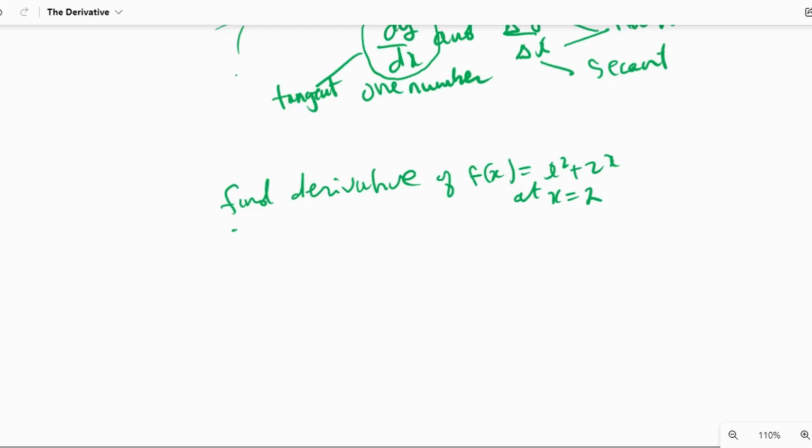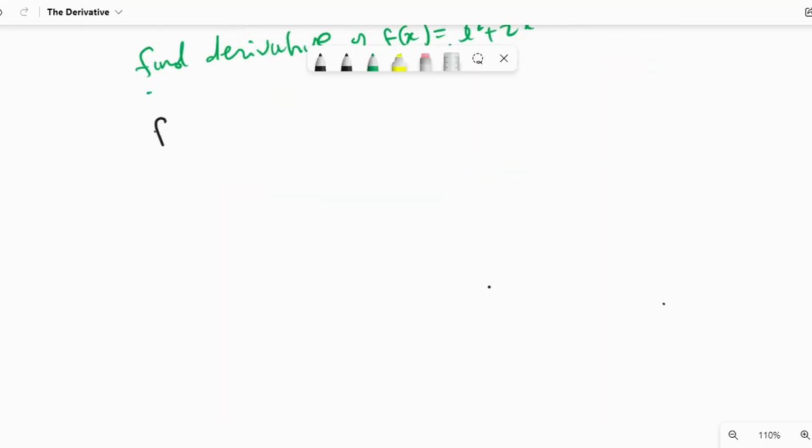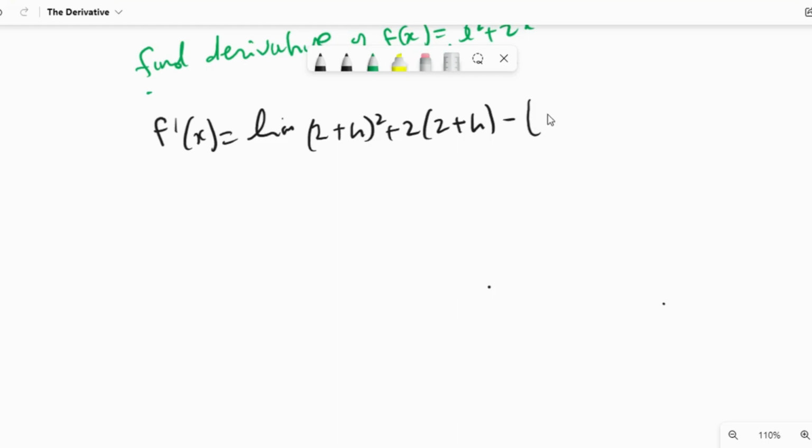So we say f prime of 2 is the limit of (2 plus h) squared plus 2 times (2 plus h) minus f of 2, which is 2 squared plus 2 times 2, over h as h approaches 0.